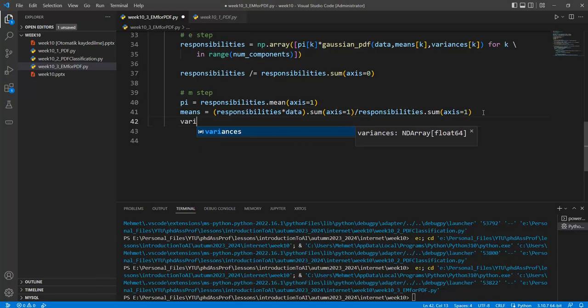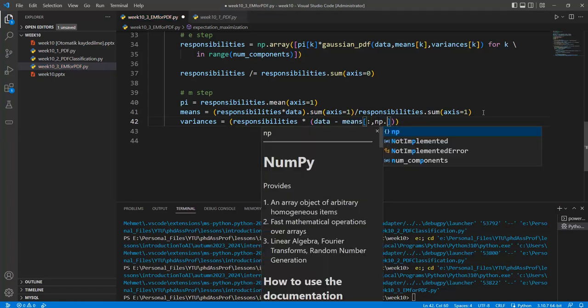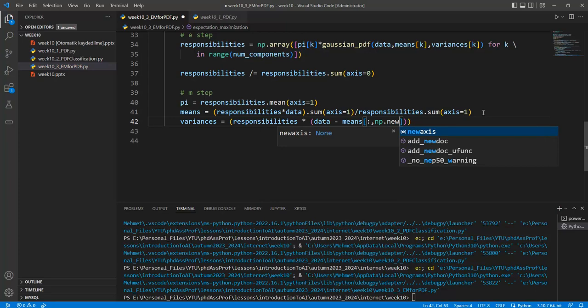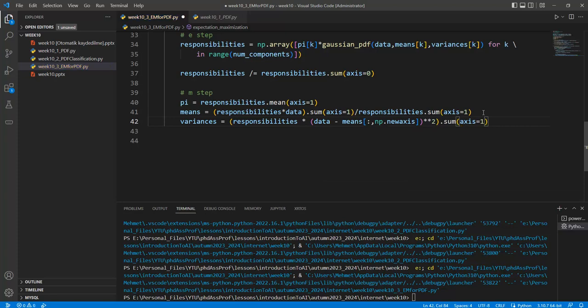And the variance can be updated with what? Responsibilities times data minus means, np.newaxis, times square x minus mu square. Okay? And we should give sum axis equal 1. Okay?